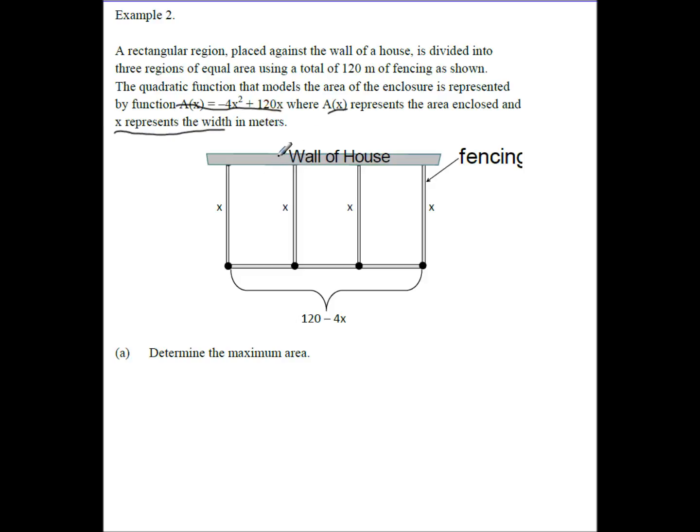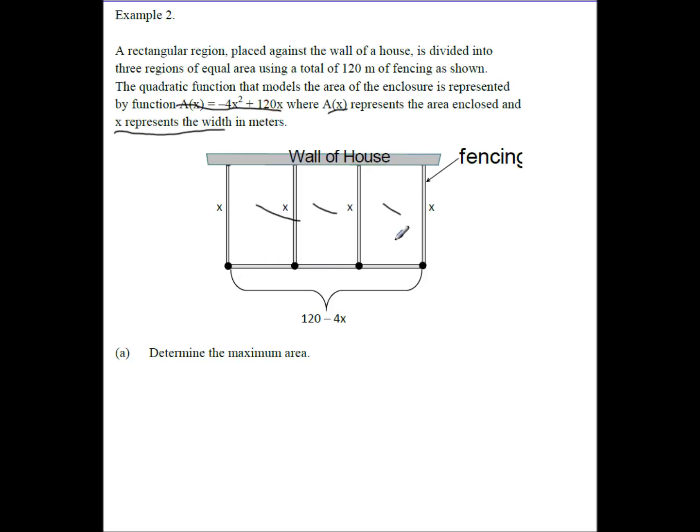So you only have 120 meters. With 3 sections, here, here, and there, this is length x, and since it's a rectangle, all of them have the same width down through. Use the wall of the house as one side.